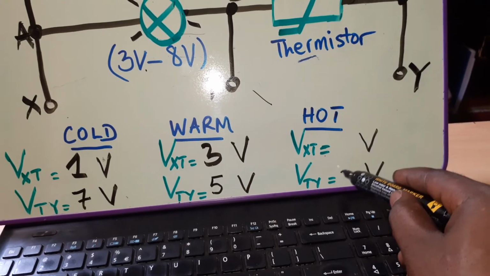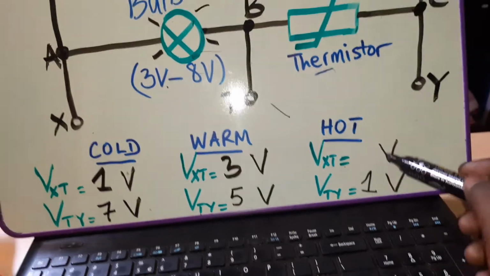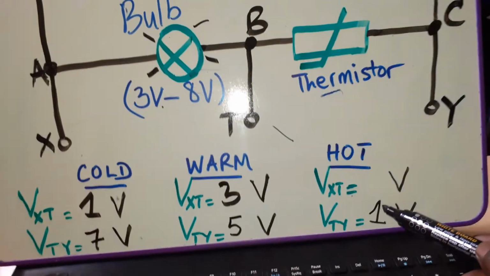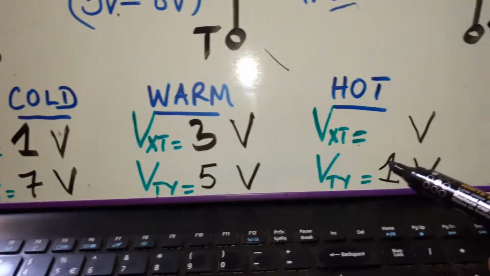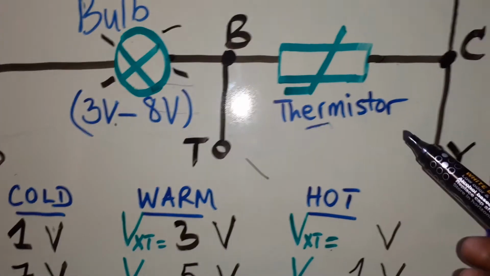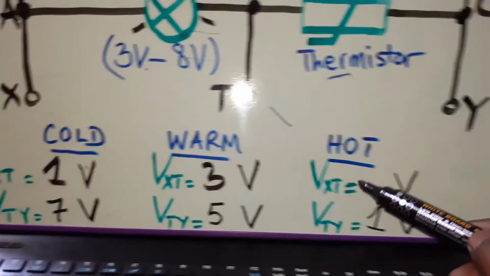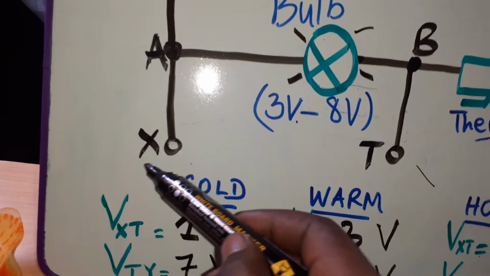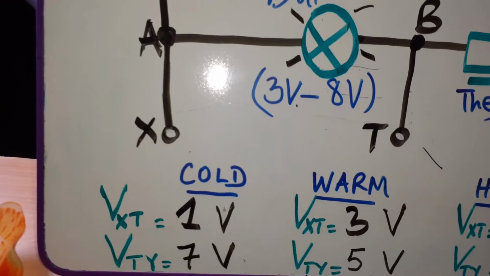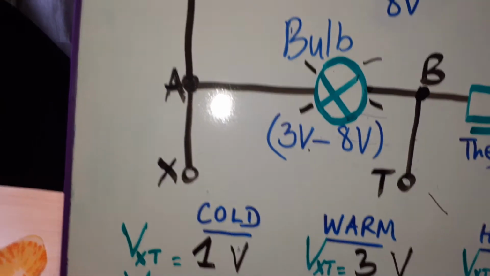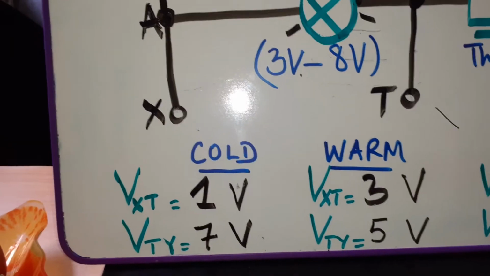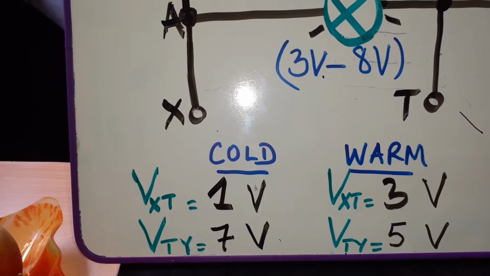Let us reduce it to 1 volt. If the voltage across the thermistor, across TY, is 1 volt, the voltage across XT is going to be 8 volts minus 1 volt, which gives 7 volts.